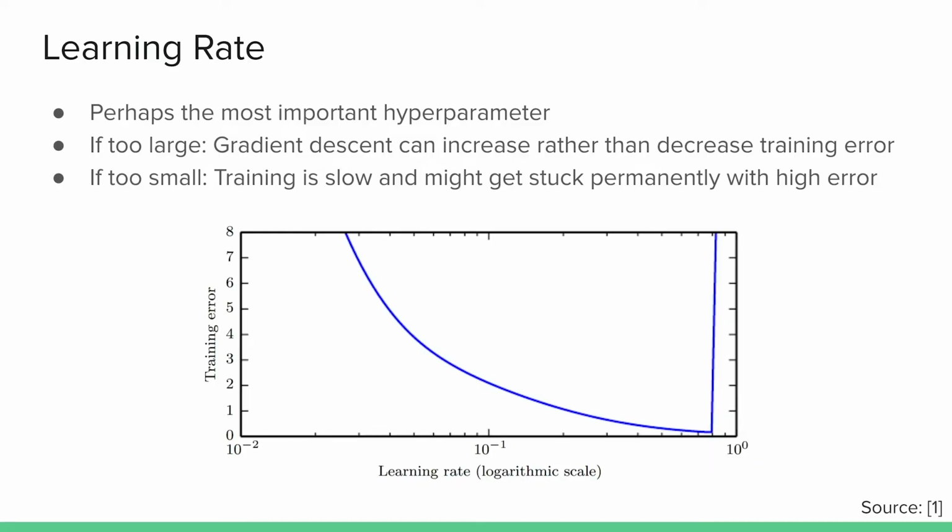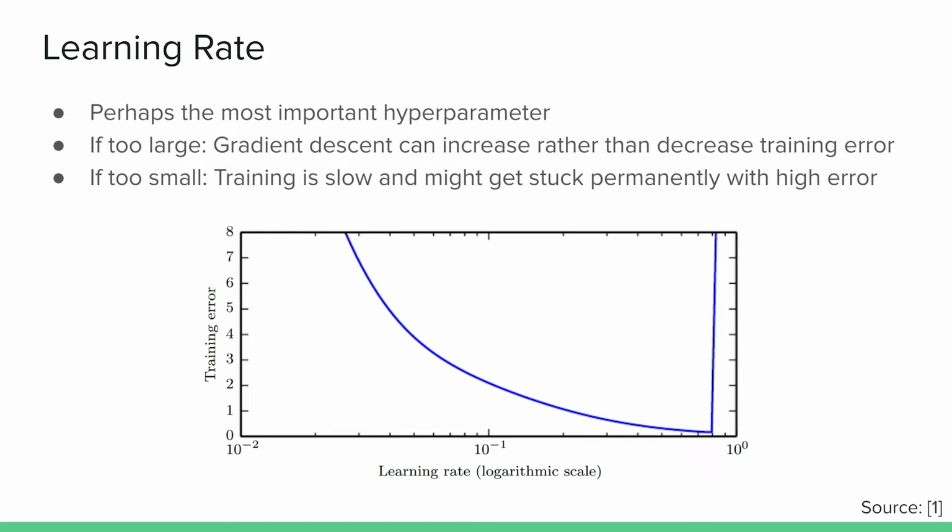We take steps so large that we step over the valley and onto the next hill, and then we have to go the other direction again. This could be very problematic, in such a way that our network does not learn anything at all. So a learning rate that is too large is a big issue.